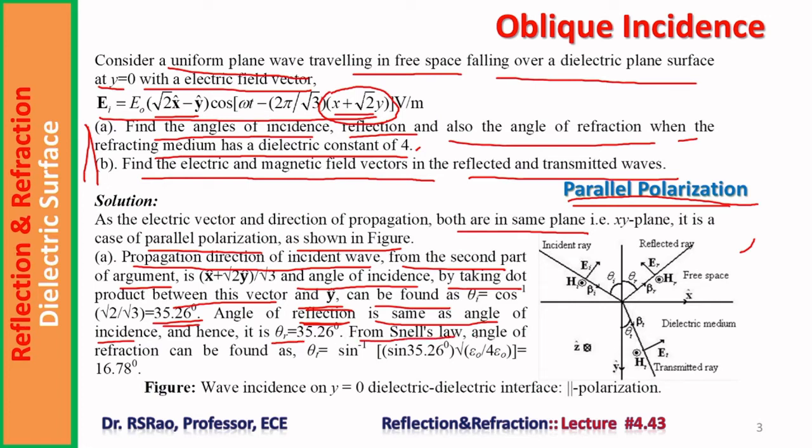From Snell's law of refraction, the angle of refraction can be found as theta t. Here, the angle of incidence is indicated by theta i, the angle of reflection by theta r, and the angle of transmission, the angle of refraction, by theta t. Using Snell's law of refraction, one can find theta t as 16.78 degrees.